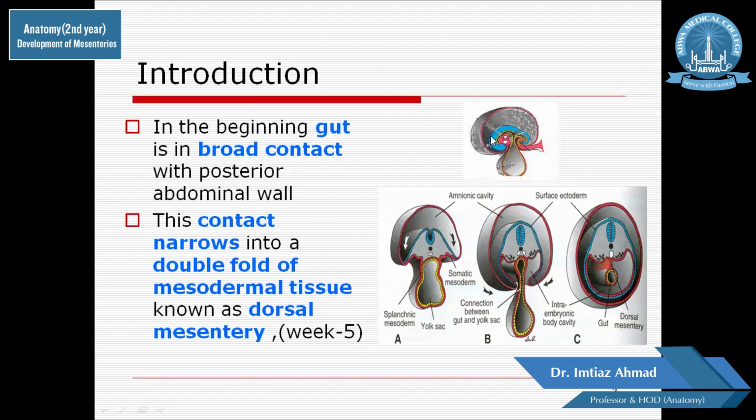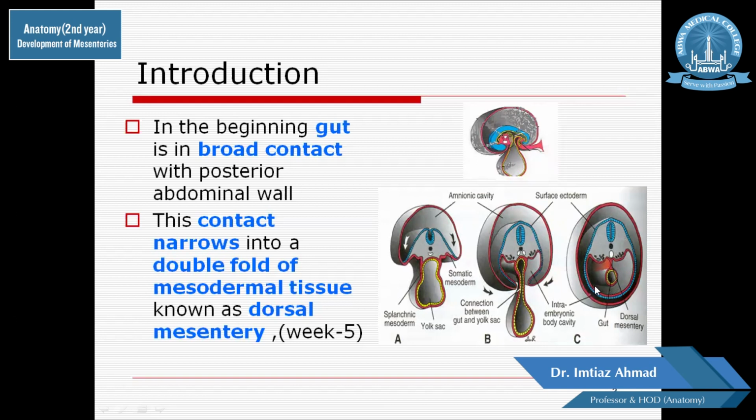So the craniocaudal folding encloses part of the yolk sac as the gut, while the lateral folding encloses a space known as the intraembryonic coelom or intraembryonic cavity, which is the future peritoneal cavity.